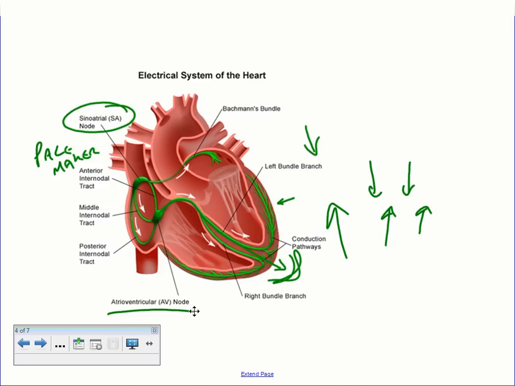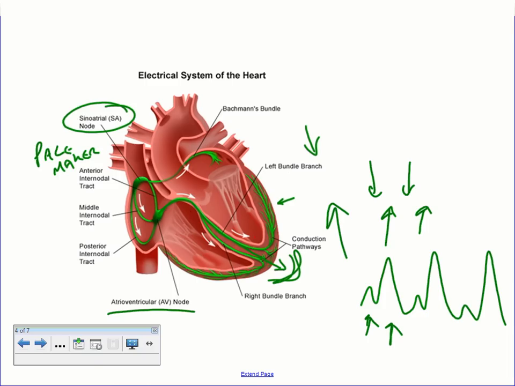Okay? And that's why, if you see an EKG, which is an electrocardiogram, you end up seeing this sort of thing. What you're seeing is the impulse of the sinoatrial node and then the impulse of the atrioventricular node, right?